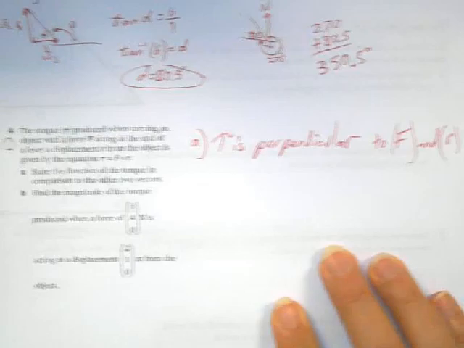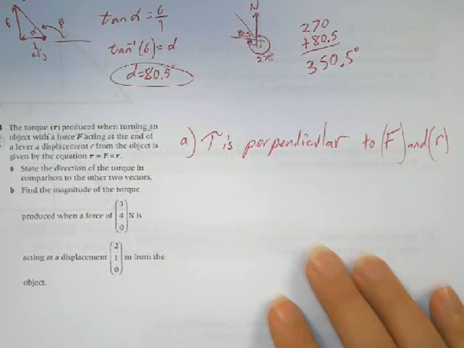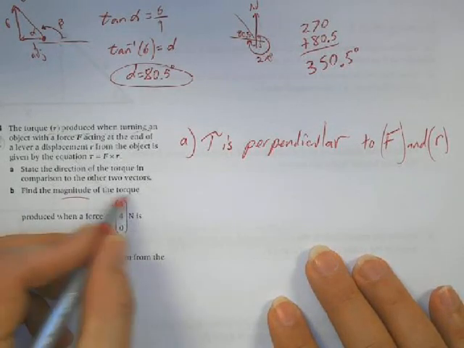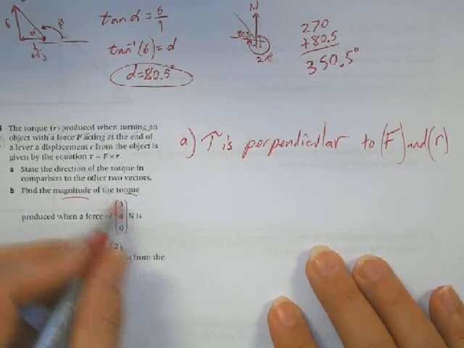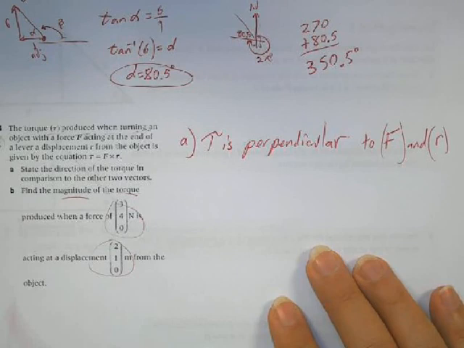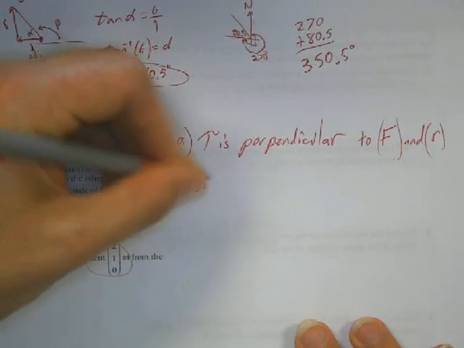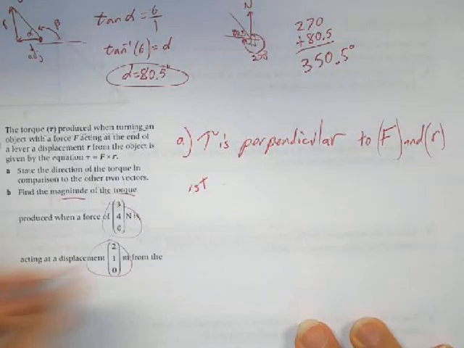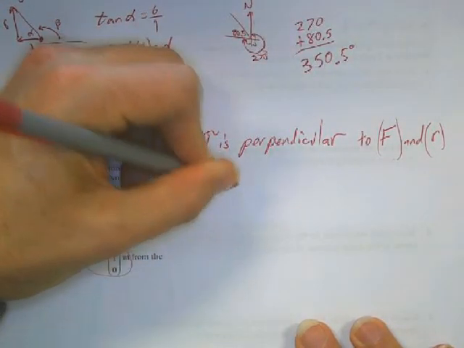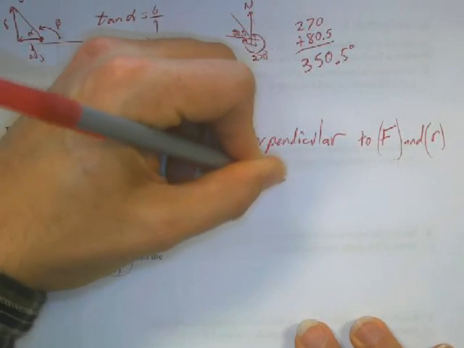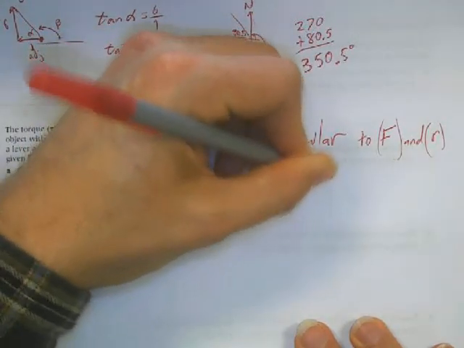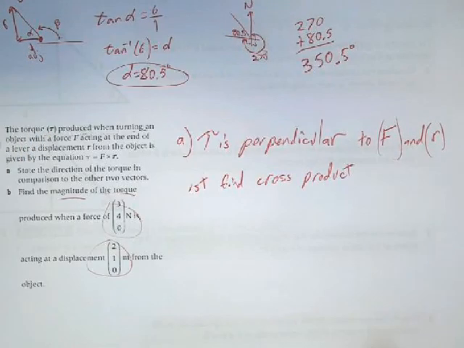Okay. And then question B, find the magnitude of the torque produced from the force and the displacement here. So to figure out the magnitude of the torque, I first need the cross product, and then I'm going to find the magnitude of the cross product.